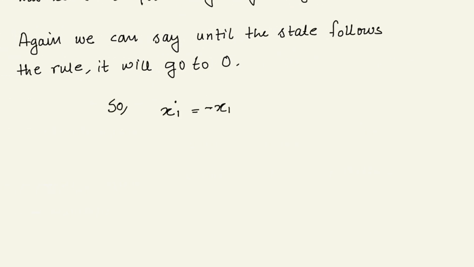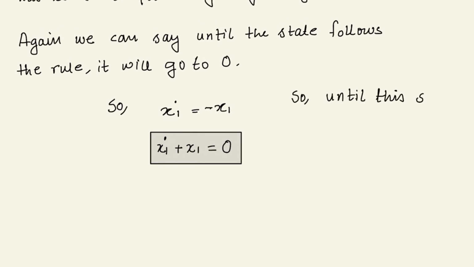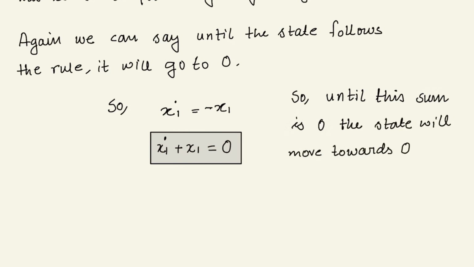If we rearrange this, it is x1 dot plus x1 equal to 0. Let us call this sum of x1 dot plus x1 is equal to sigma.